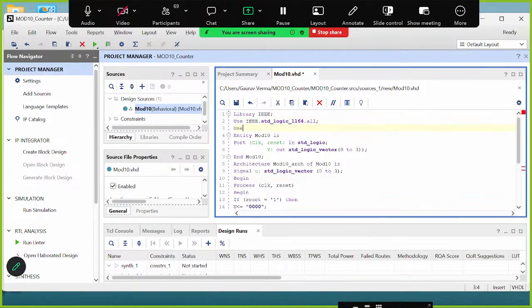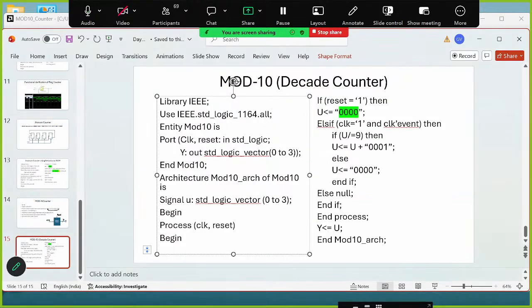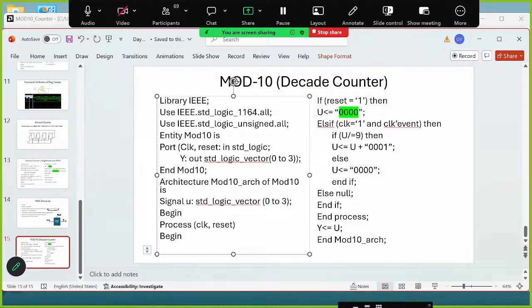We need to include it: use IEEE.std_logic_unsigned.all. So these are all available inside this unsigned library. You can see the error is removed. We need to include that library specifically for some of the operators.